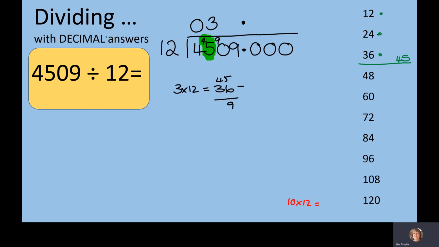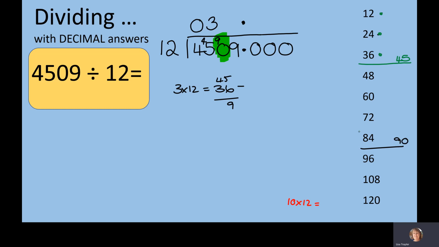So we need to pop that up here. Now we are looking at how many 12s go into 90. Well, this one's not so bad. 90 sits in between 84 and 96.